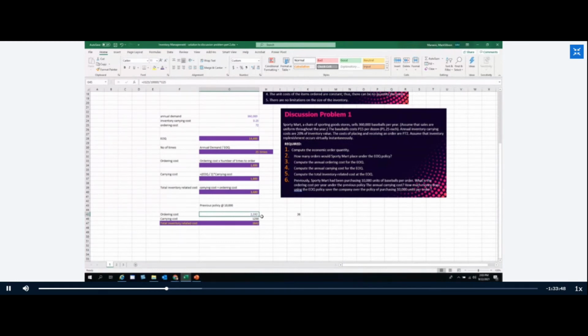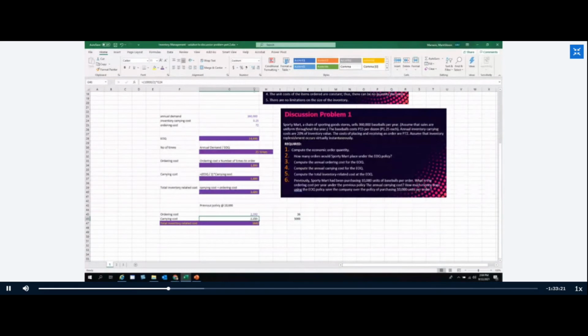Carrying cost. So, paano naman 'pag carrying cost 'no? So, sabi natin, 10,000 divided by 2 multiply by the inventory carrying cost. So, basically class dito kinukuha lang natin yung average usage 'no, kaya nakuha natin 'tong 10,000 divided by 2. So, yung you have 5,000 multiplied by 0.25, that's 1,250.